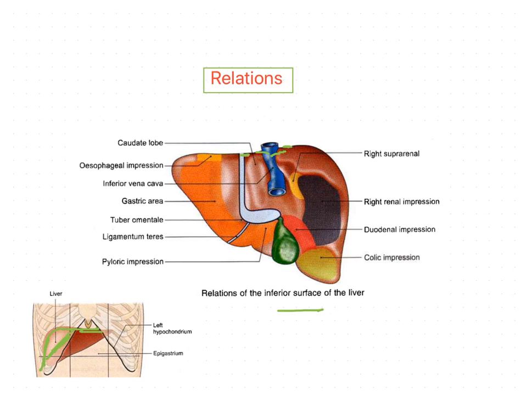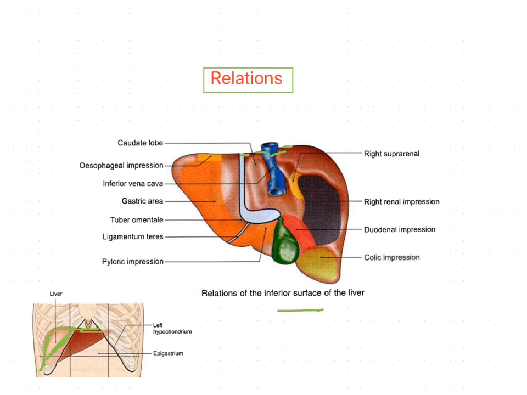So here we can find the ligamentum venosum, and it is related to the inferior vena cava on the posterior aspect.